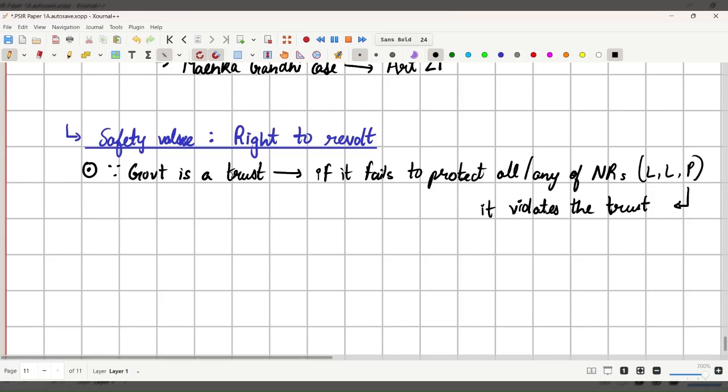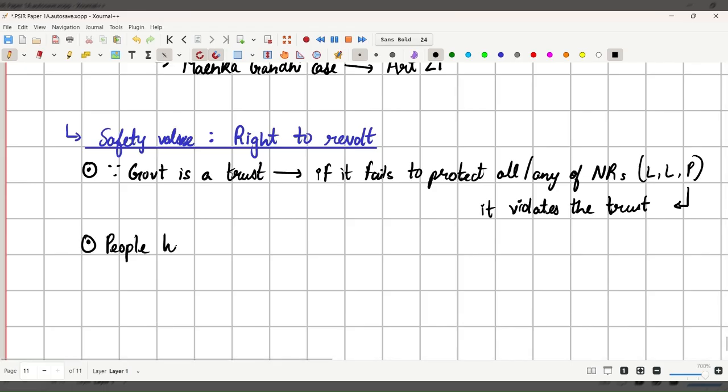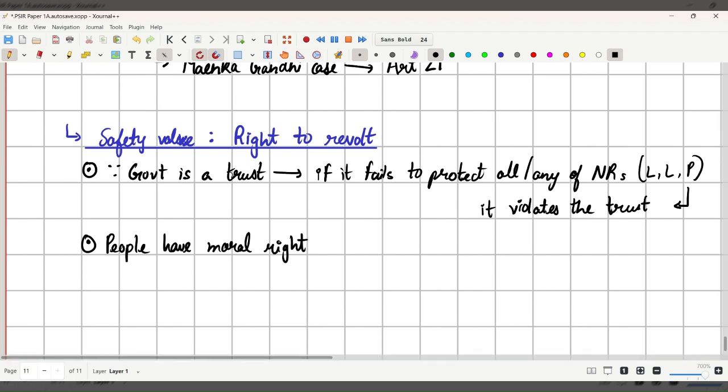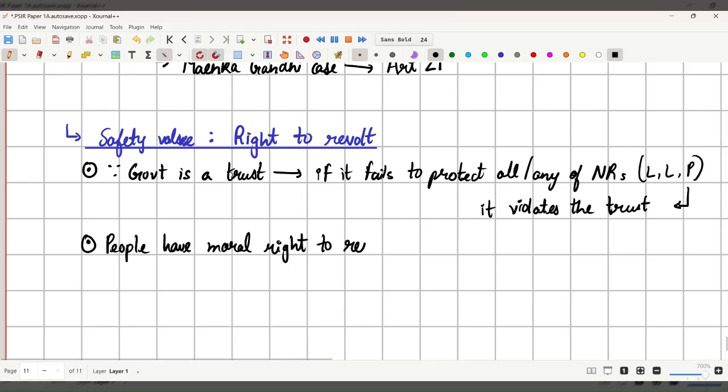In such cases, the people have the moral right to peacefully or forcefully revolt and change the government if deemed necessary.